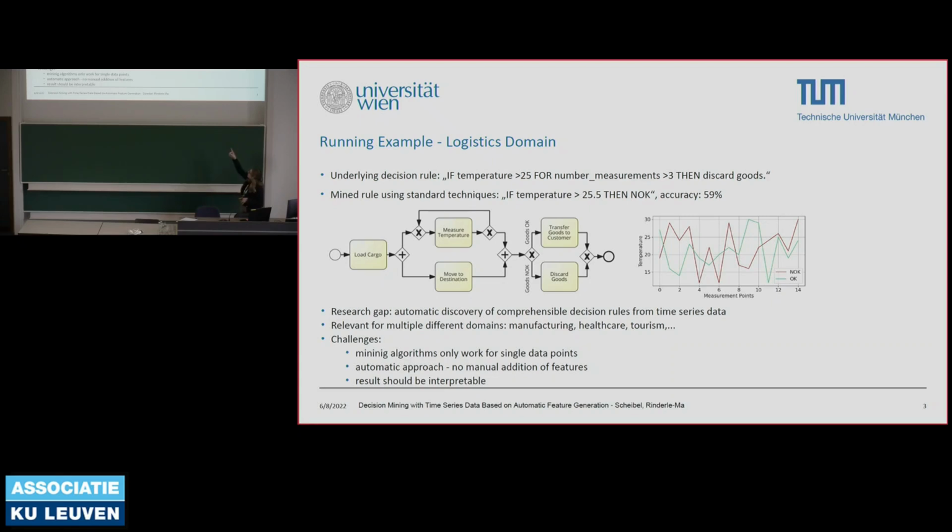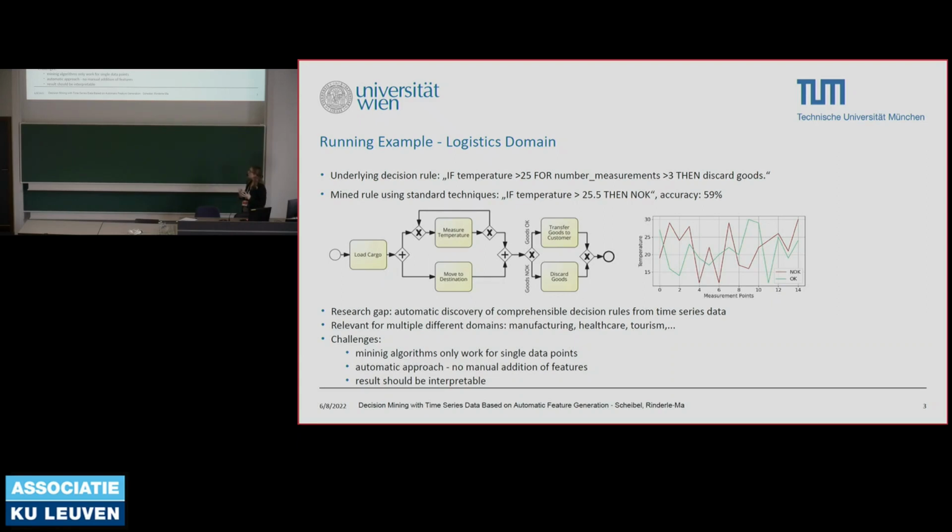So we have also time series examples of an instance where the goods are not okay anymore, they have been spoiled, and one where the goods are okay, and we can see that for the instance where they are not okay anymore, the temperature measured higher for way more measurement points than for the instance where the goods are still okay. So we assume that the underlying decision rule at this point is if the temperature is greater than 25 degrees for more than 3 measurements, then we have to discard the goods.